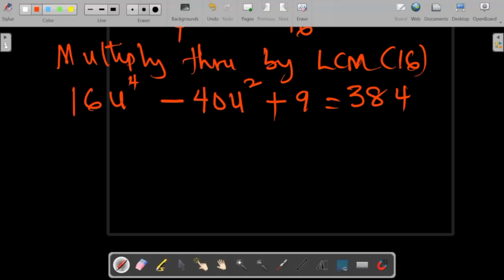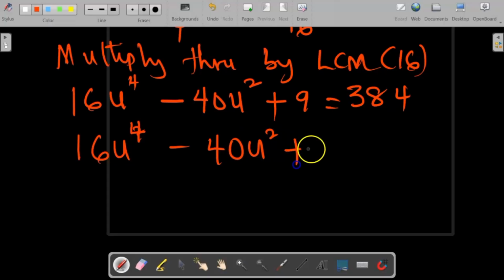Now we have 16u to the power 4 minus 40u squared plus 9 minus 384 is equal to 0.